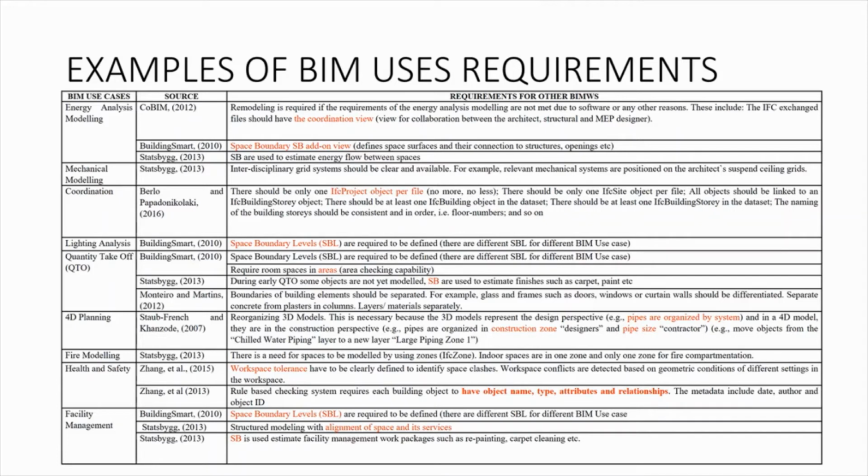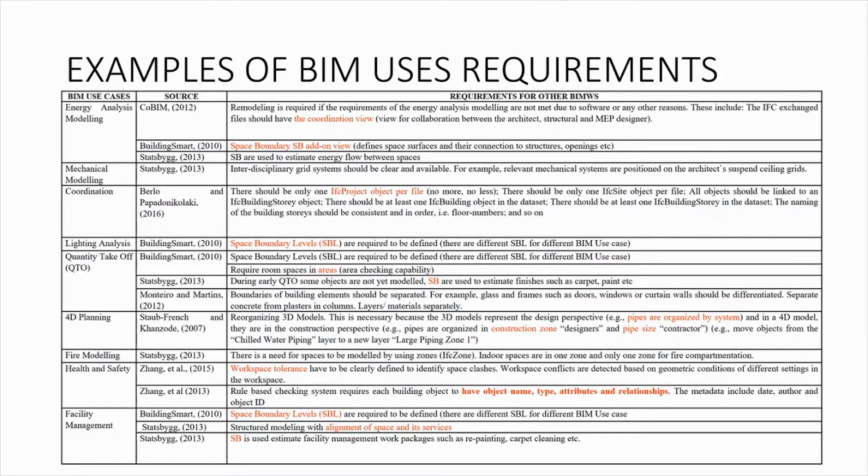The contractor might put them into pipe sizes. He might create a new layer and put large piping zones there. So this creates a problem: if he got them from the designer and he doesn't want them like that, he has to do some adjustments as well.